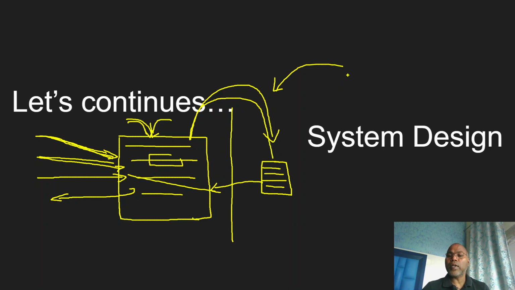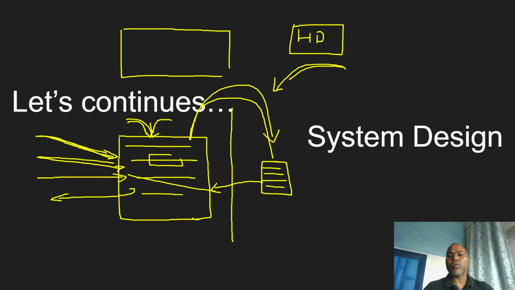One is the permanent storage system, which we know as a hard disk, where all the information is stored. There is also some memory used by our system software and operating system. Some memory is required to process your data.